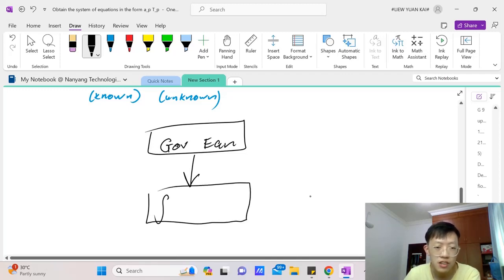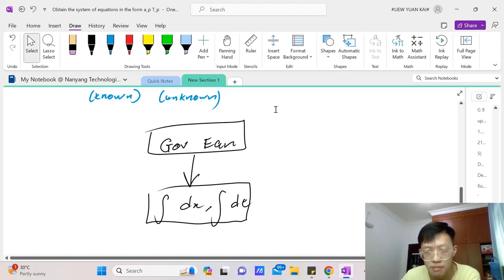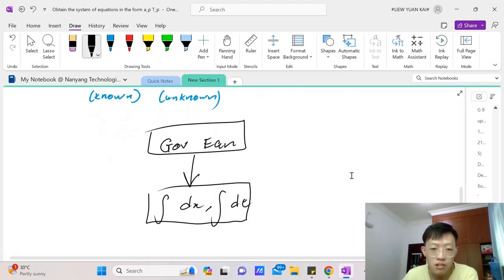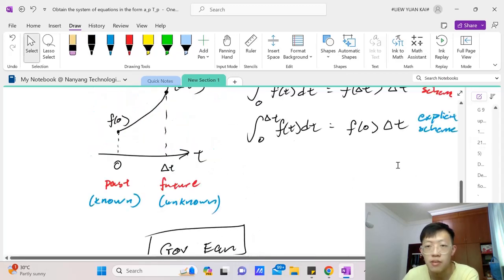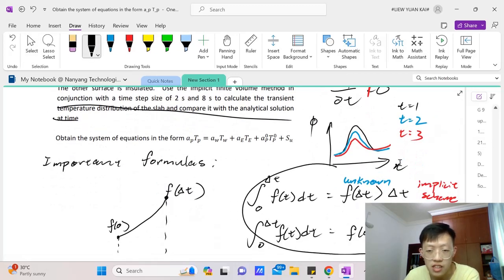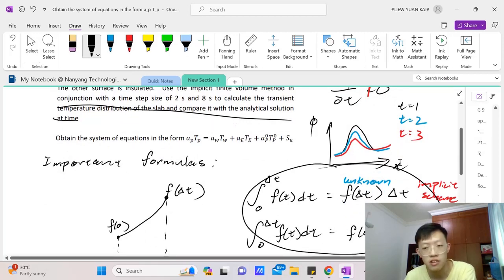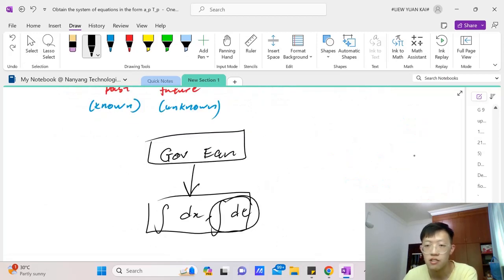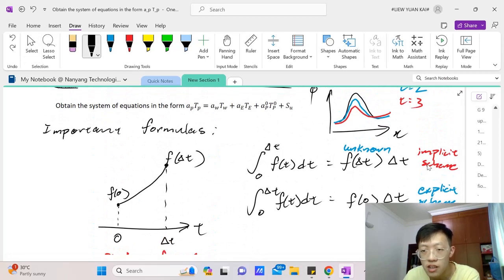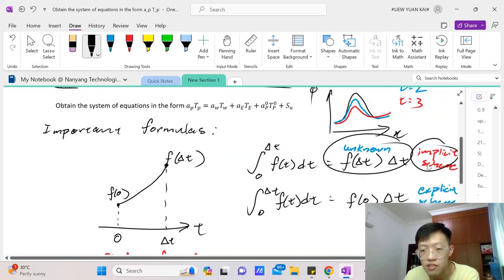At first, we only integrate with respect to space. This time, we're going to involve integration with respect to time. And when we do integration with respect to time, we're going to involve either of these two formulas, depending on which scheme we take. If we use the implicit scheme, we will use this formula. If we use the explicit scheme, we will use this formula.